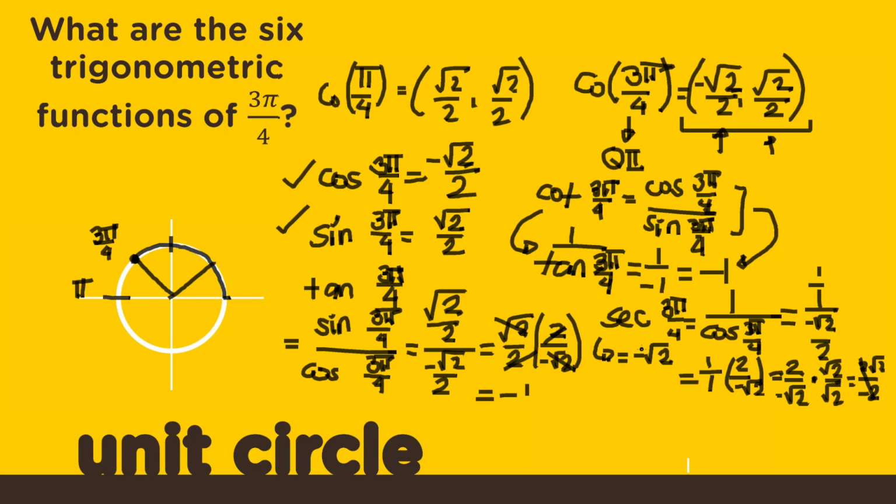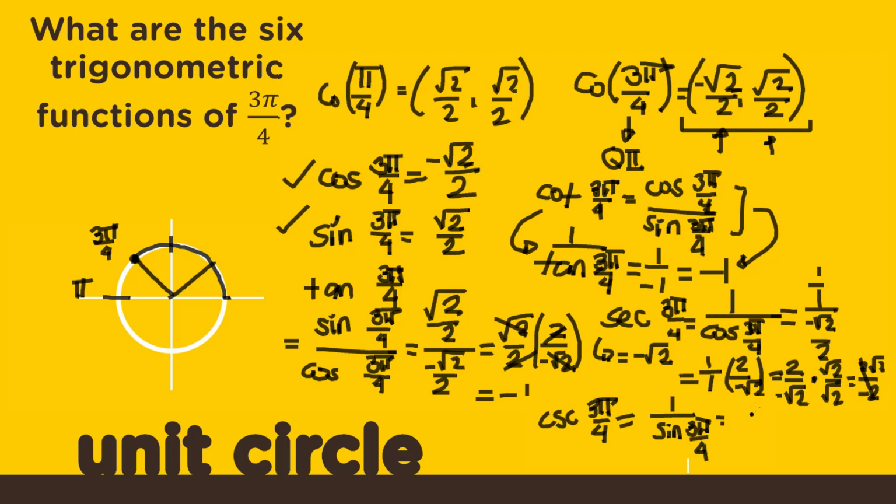I don't have much space for cosecant, so I'm going to use this portion here. Cosecant 3 pi over 4 is equal to the reciprocal, 1 over sine 3 pi over 4.